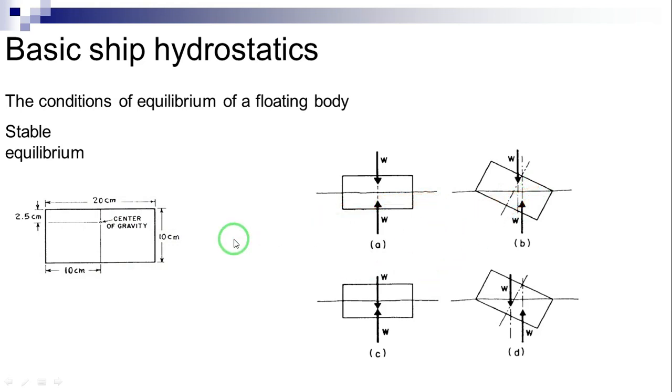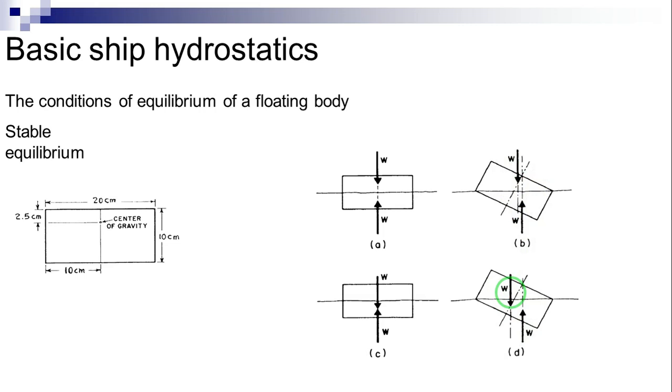It can come to rest in either of two positions, A or C. In either of these positions, the center of gravity and center of buoyancy are in the same vertical line. Also, as the body is inclined from A to B or from C to D, a moment is developed which tends to rotate the body back to its original position, and the same situation would exist if it were inclined in the opposite direction.